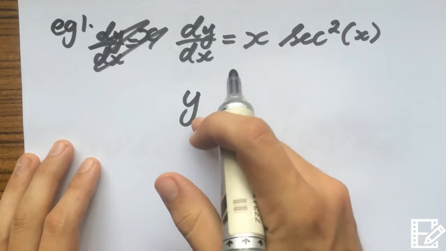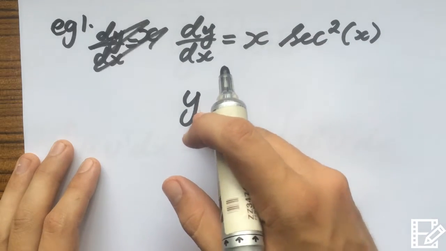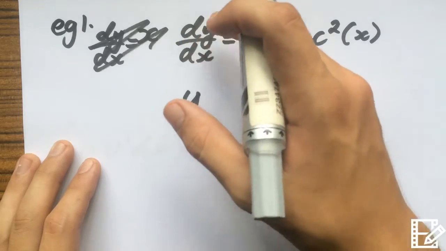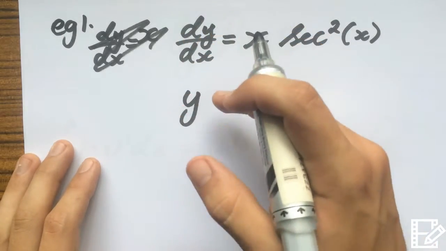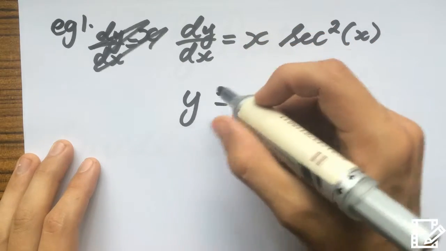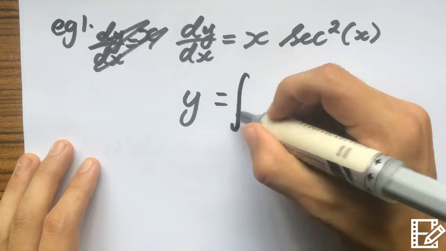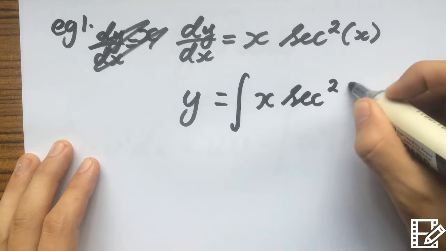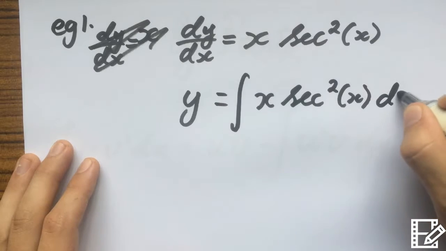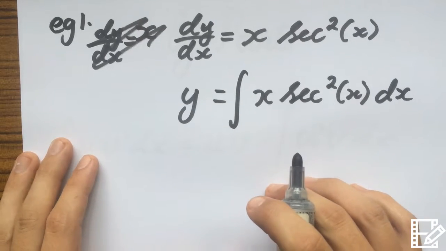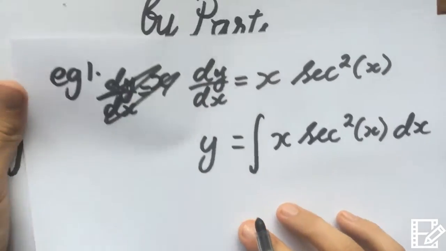And unless you want to make it a capital Y, going from a derivative back to the normal function is still an integral. So that's what I'm doing. I'm finding the integral of one side, and I'm finding the integral of the other.